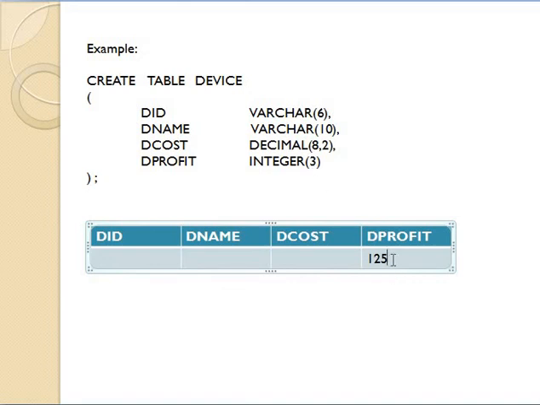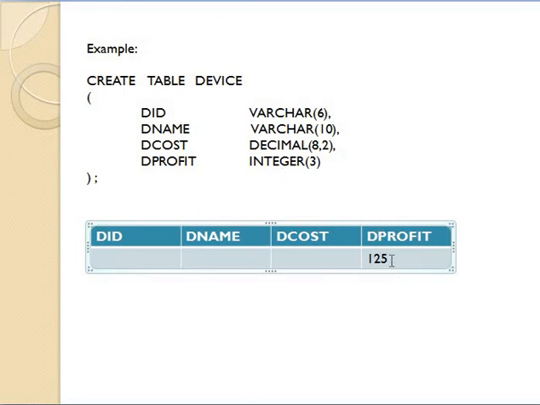Now if you put one more digit, say 4, now this will not be acceptable, because the total number of digits for this value now comes to 4, whereas the maximum allowed limit is only 3. So this exceeds the maximum allowed limit. So make sure to provide the total number of digits for a value of a column less than or equal to the maximum set limit as defined for a data type.